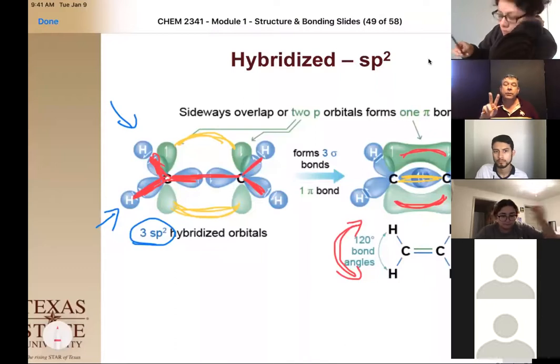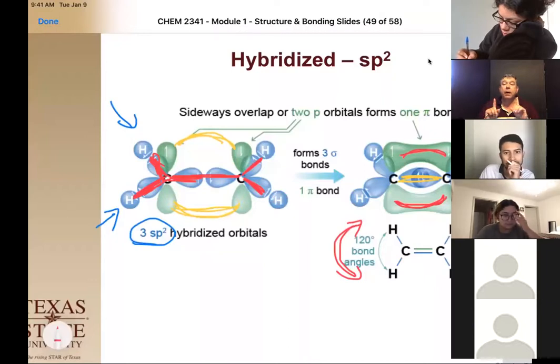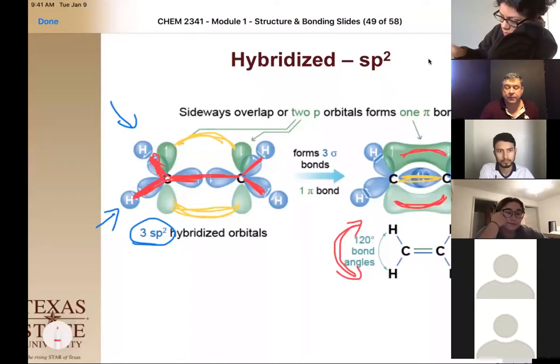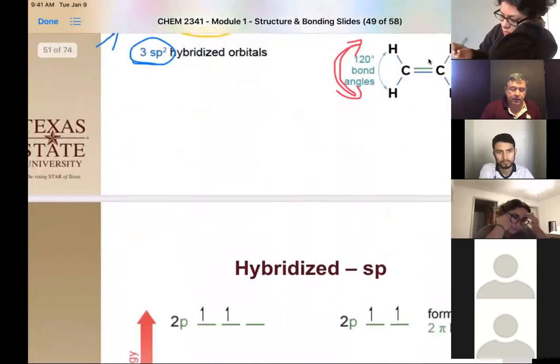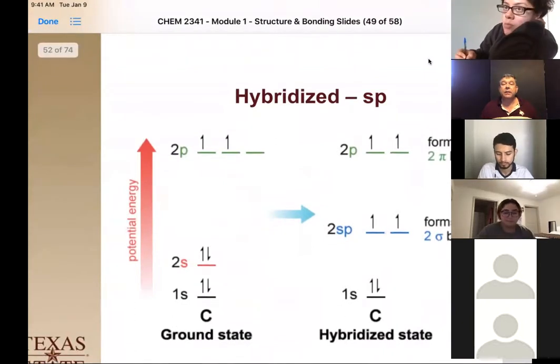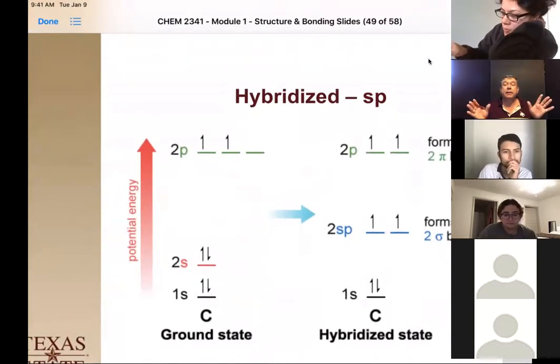We've taken 2 of the p's and made 3 equivalent zones, plus leaving the 1 p untouched. What if we did one more type of hybridization and only blended 1 s and 1 p together, leaving 2 p's completely untouched?